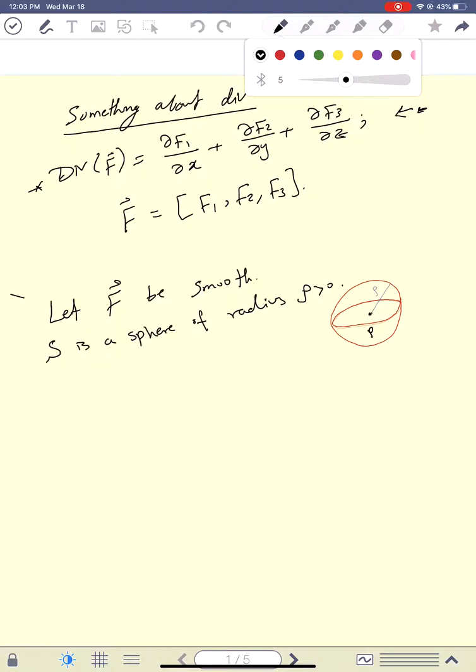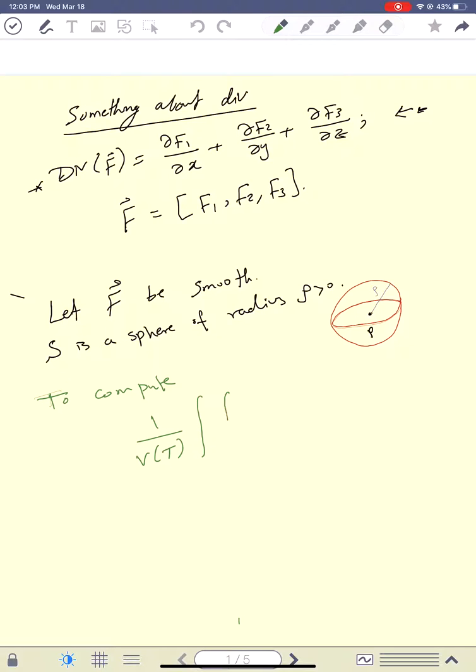Just to show you the plan of the coming computations, I want to compute 1 over the volume of T times the surface integral over this S of f dot n dA, n being the outward normal vector.